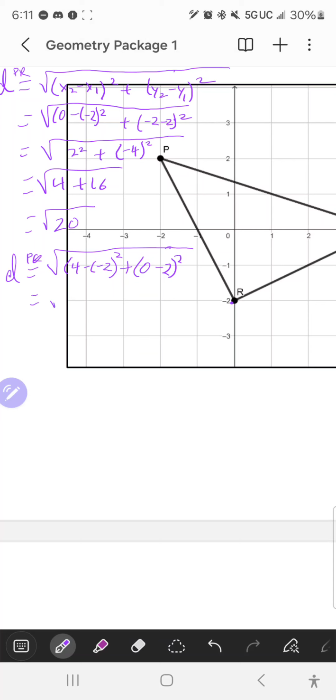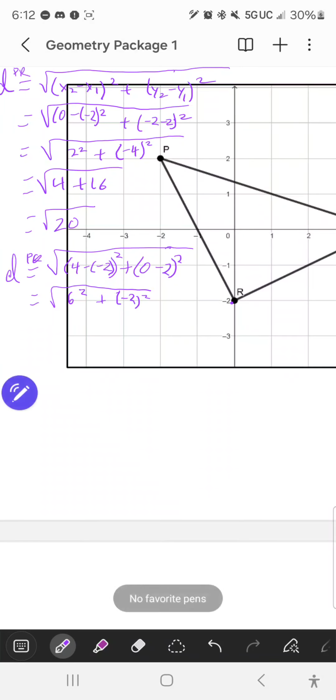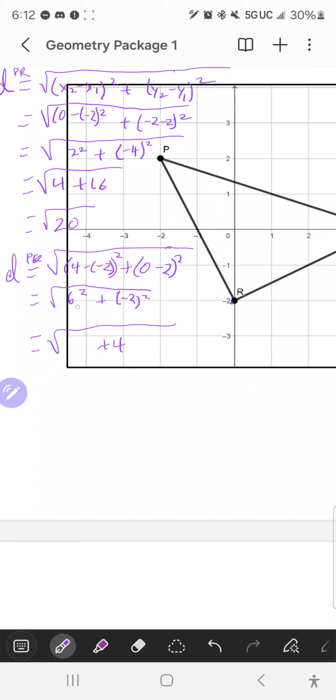This is going to be equal to, minus and minus is plus, so 4 plus 2 is 6, so 6 squared, plus 0 minus 2 is negative 2, and we do negative 2 squared, and negative 2 times negative 2 is going to be 4, so this is plus 4, and 6 times 6 is 36.